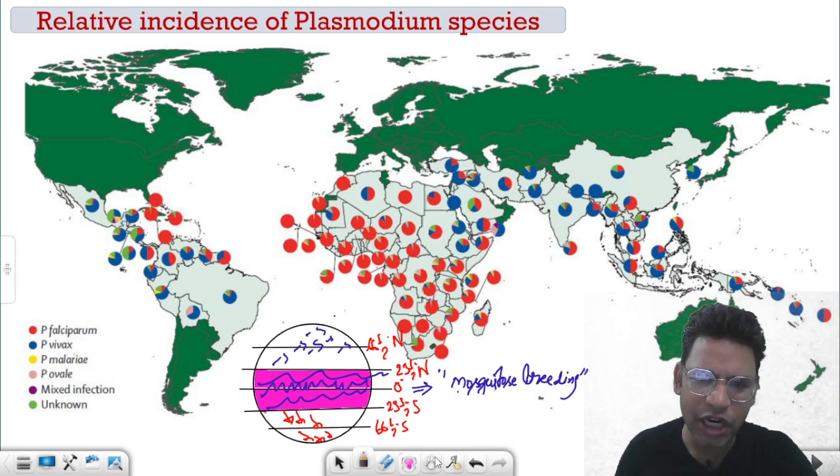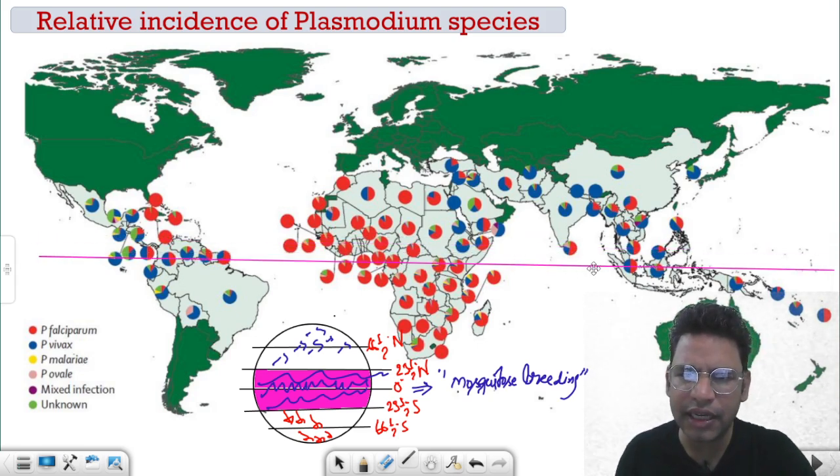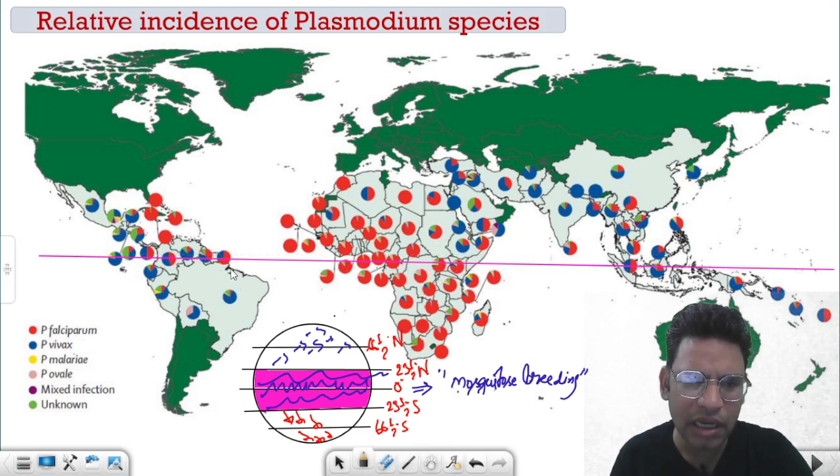These areas, the equatorial region, right? So the equatorial region is at the center, and if you look at it, in South America, this is Ecuador, Peru, Chile, Colombia, and this region in South America, then Central Africa, because this line passes through Central Africa.